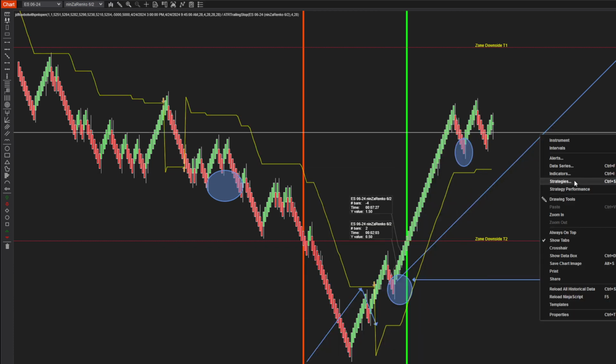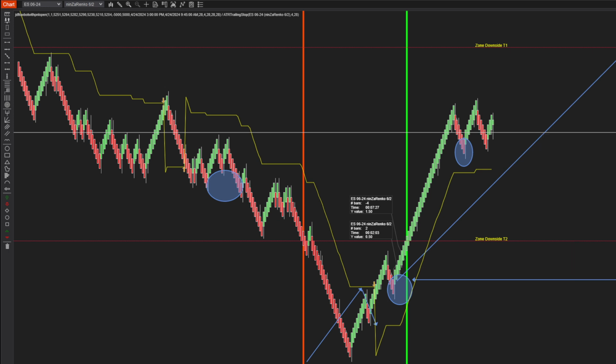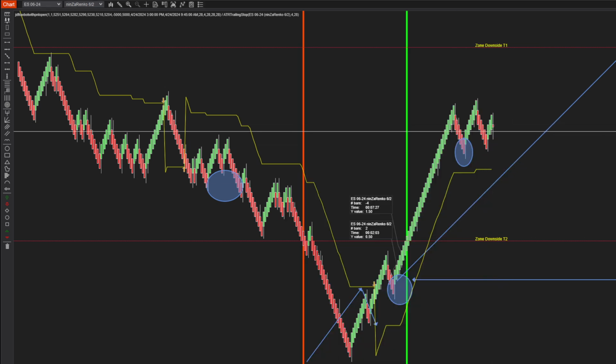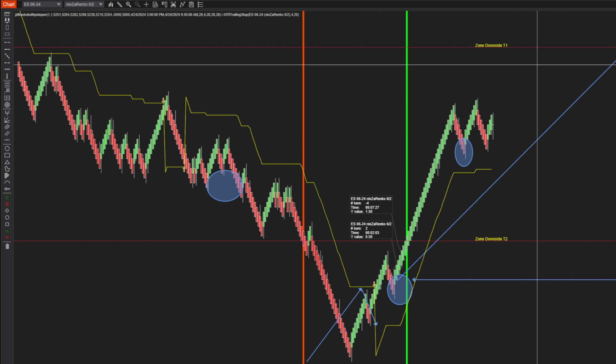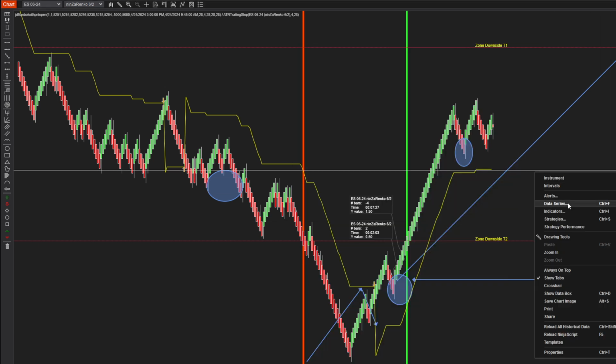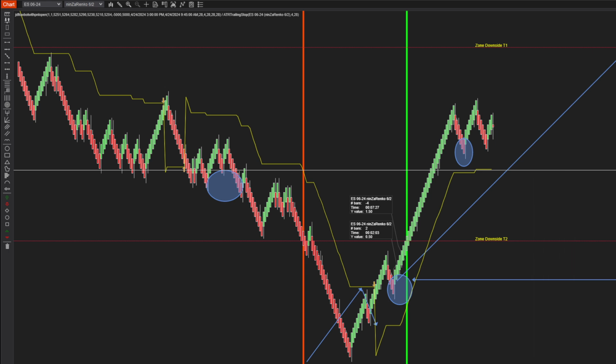If I activate the strategy, then you should be able to see another line. Actually it is there, 28.4. The one that you don't see is the 1-1. That's the one you're not seeing. So we're going to add the 1-1, which is used to take the positions. Let's add it here.